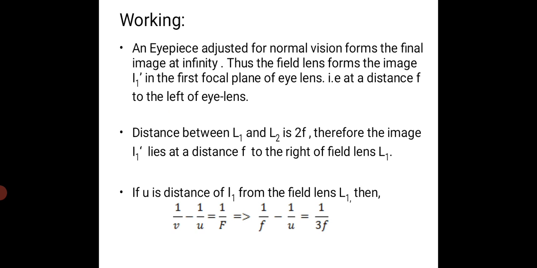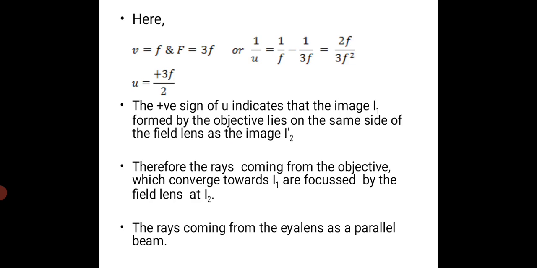If u is the distance of I1 from the field lens L1, then by the lens formula, 1 by v minus 1 by u equals 1 by f, so 1 by f is minus 1 by u equals 1 by 3f. Here v is f, and capital F, the focal length, is 3f, so 1 by u equals 1 by f minus 1 by 3f equals 2f by 3f square. u is equal to plus 3f by 2.